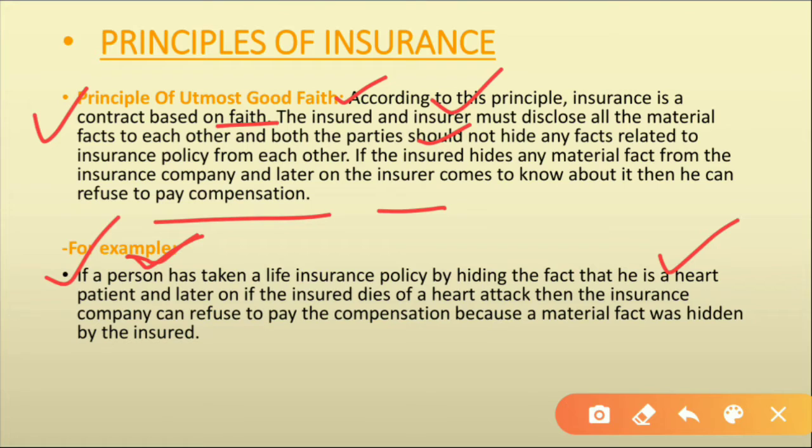And later on, if the person dies of heart attack because he was a heart patient, then the insurance company can refuse to pay the compensation because the material fact was hidden by the insured.